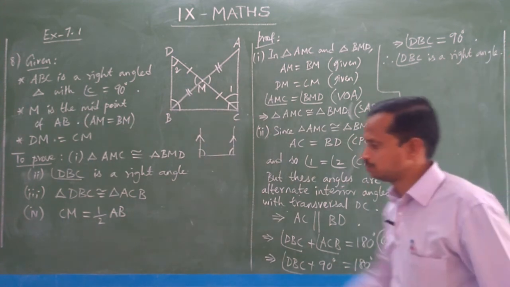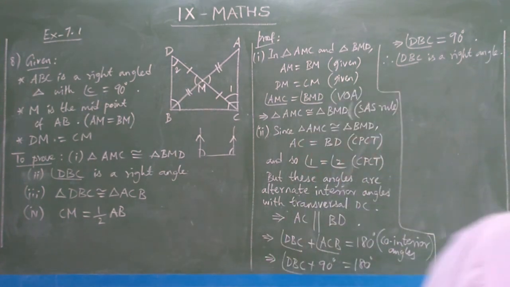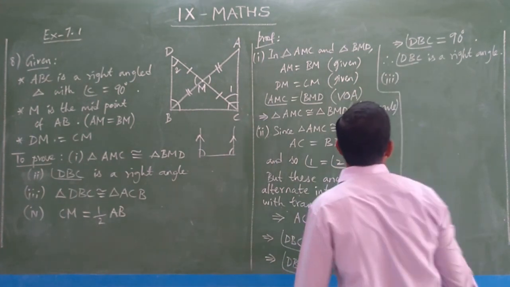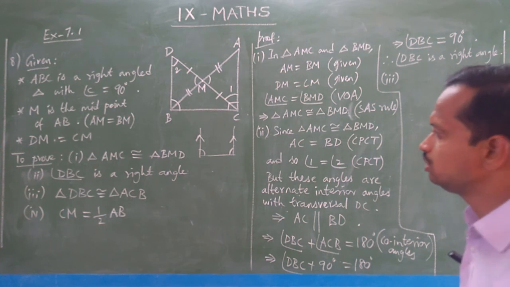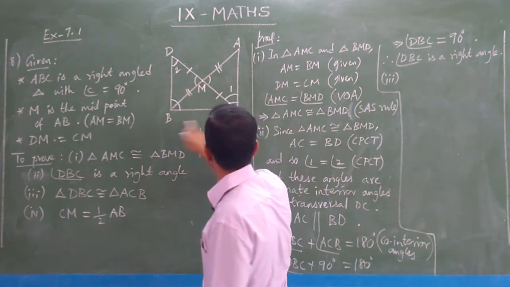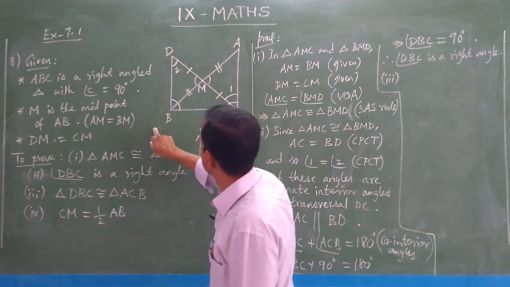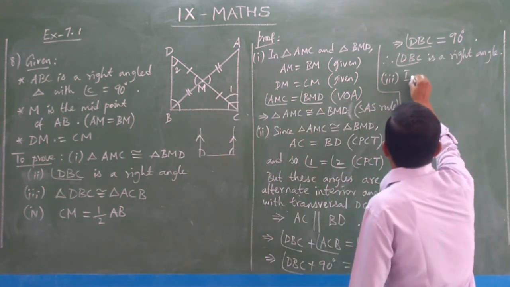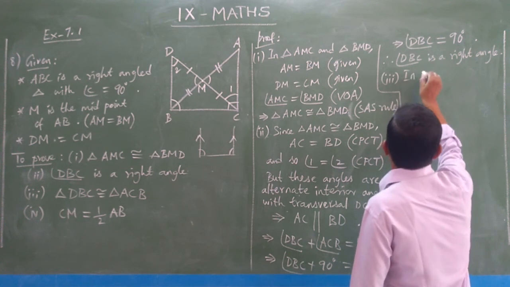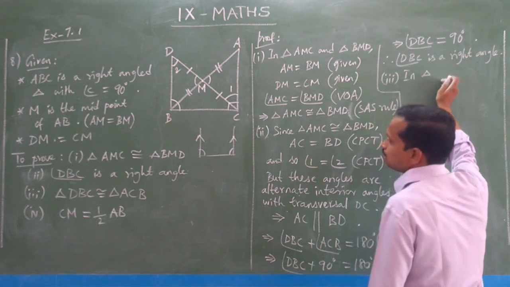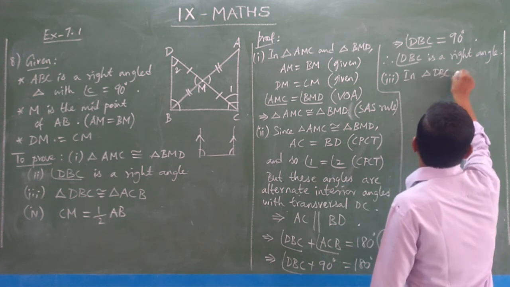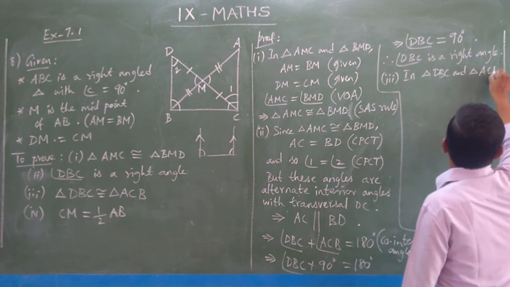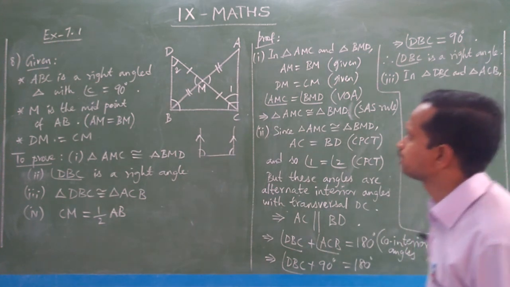We have proved it. And now coming to the next option C, see carefully, DBC and ACB. These two triangles we have to show congruent. So we take triangle DBC and triangle ACB. What are the things we can have?